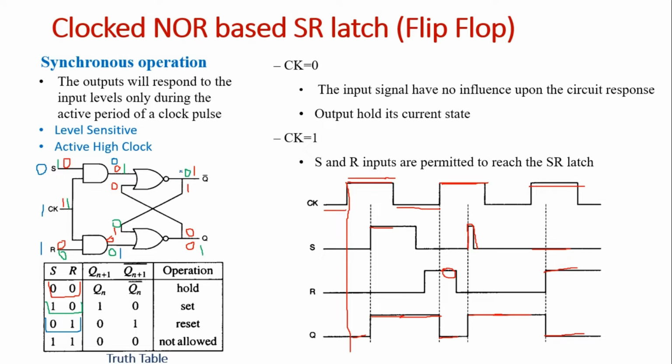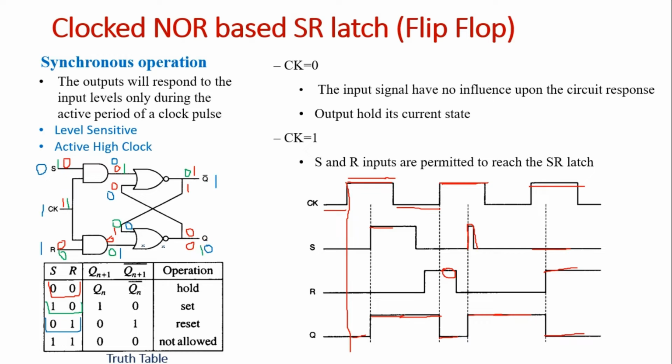So if we consider a 0 over here, that means we have a 0 NOR operation with 1. So 0 NOR operation with 1 will result as output as a 0. Here if it is a 0, then 0 NOR operation with 0 will result as a 1.